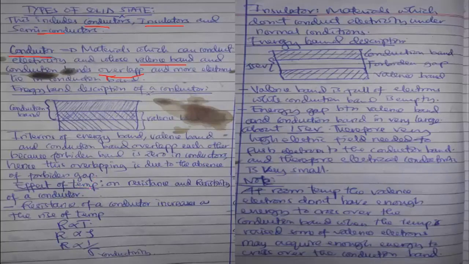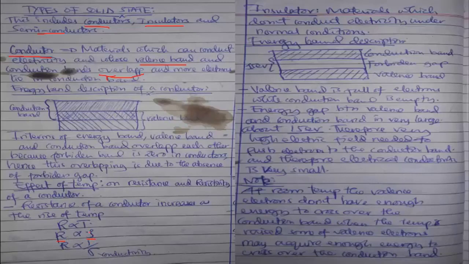So the effect of temperature on resistance and resistivity of a conductor, we already covered this in lesson number 3 concerning current electricity: for conductors, temperature is always directly proportional to the resistance. The higher the temperature, the higher the resistance, because it disturbs the smooth motion of electrons, as you can recall in lesson 3.